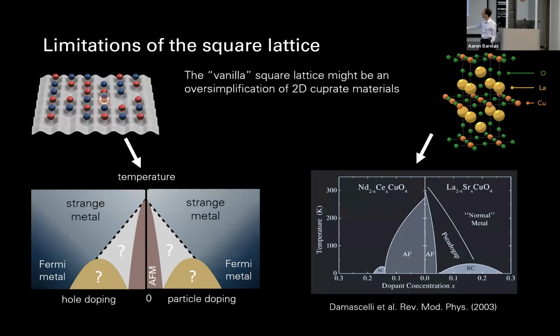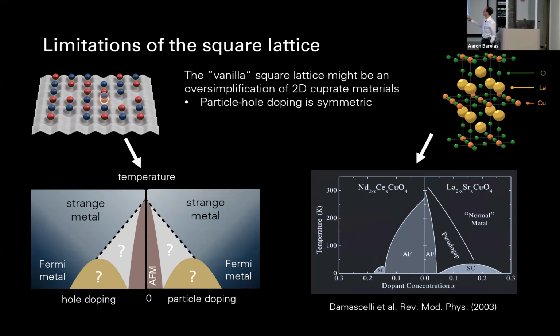In particular, I've shown here many phases in this theoretical diagram with question marks. As far as I know, it is still a debate whether there is actually high temperature d-wave superconductivity emerging from the vanilla Fermi-Hubbard model. But maybe there are two features that really distinguish the theoretical phase diagram from the experimental one.